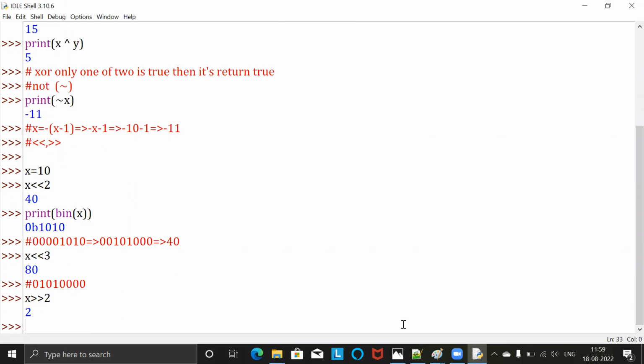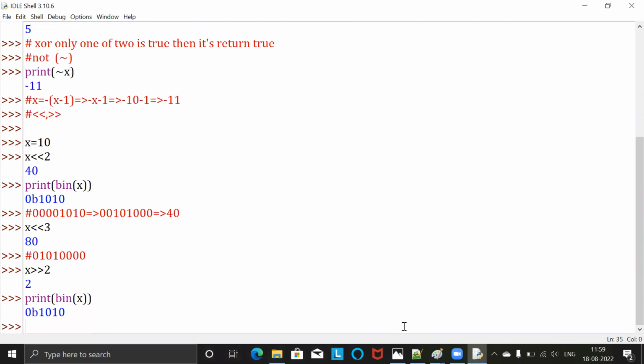Here the x value is 10. Print the binary of 10: 1 0 1 0. The x value is 10, 0 0 0 1 0 1 0.